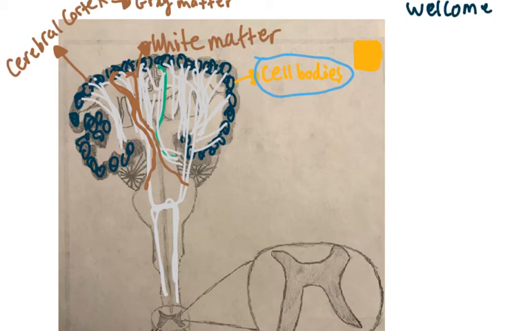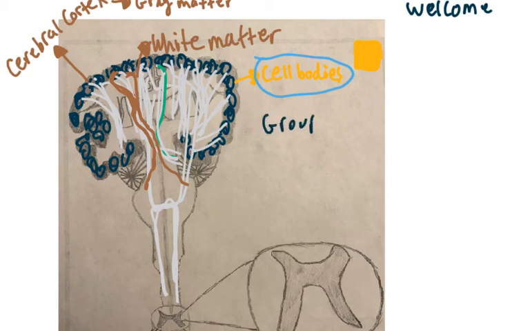Now, just know that if we drew it as only gray matter here and then white matter everywhere else, we know that we have some subcortical structures in the brain, like the hypothalamus and thalamus and basal ganglia, or basal nuclei, which is a more accurate word to say, because remember, nuclei, a group of nuclei.